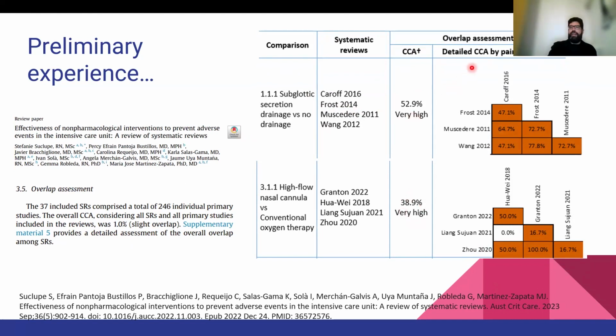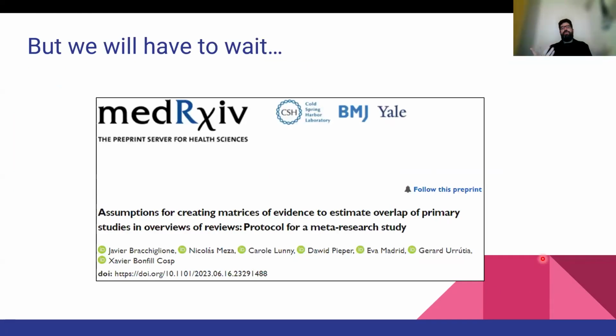And when we did the pairwise approach, we found, for example, scenarios like this, where some pairs of systematic reviews were absolutely different, and some of them were actually the same systematic reviews or included the same primary studies. So the calculation actually differs a lot depending on this assumption and on the unit of analysis you're taking. But to provide more definite conclusions, we'll have to wait for us to finish this research.